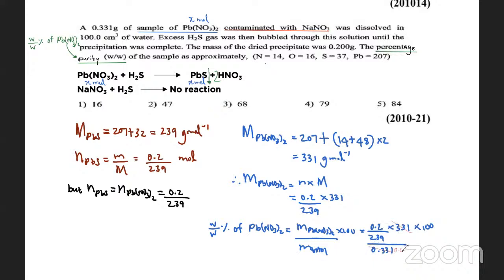We will be getting 0.001. Okay, and finally we will be arriving at an equation like this, that is 0.2 into 100 is 20 over 0.001 into 239 is 0.239.